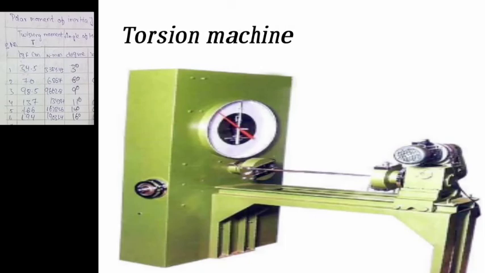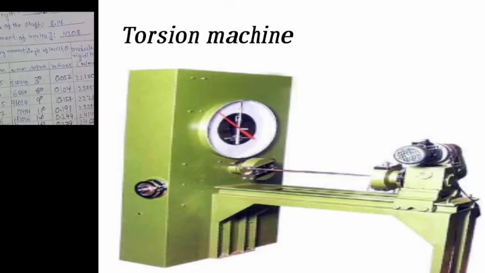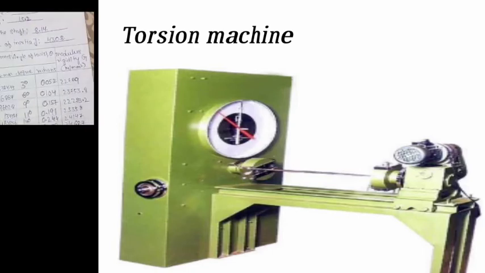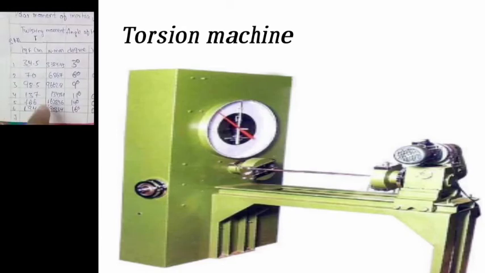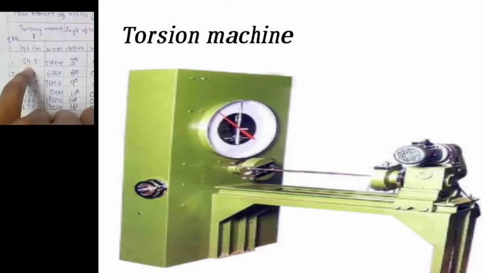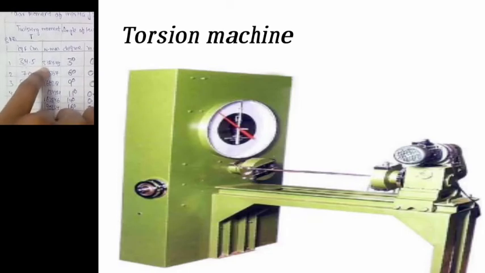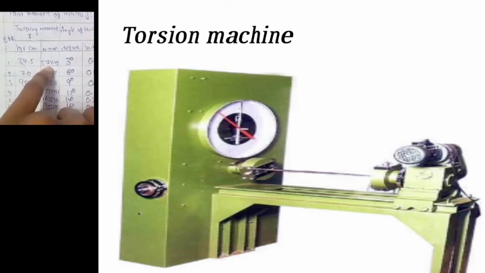I will show you the tabular column for how to take readings. Initially we have twisting moment, angle of twist, and the finding factor, modulus of rigidity. Initially I take 34.5 kg, which we convert into Newton meter by multiplying by 9.8.